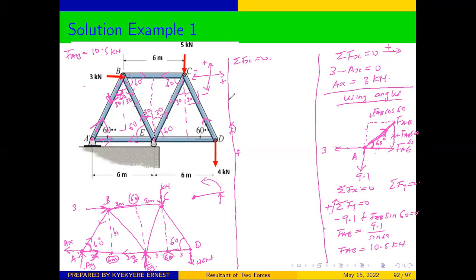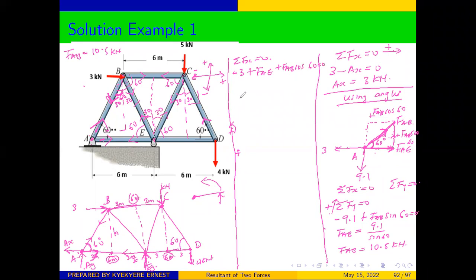But look at the direction. It is moving in the negative side of our axis. Therefore, it will give us negative 3 plus FAE, this horizontal force, which is moving in the positive direction, plus the horizontal component of this force, FAB cos 60, equal to 0.